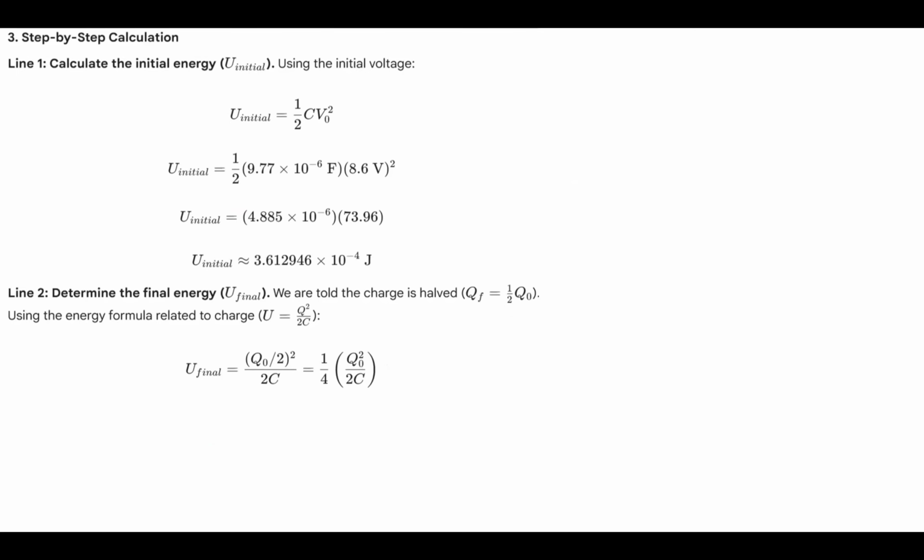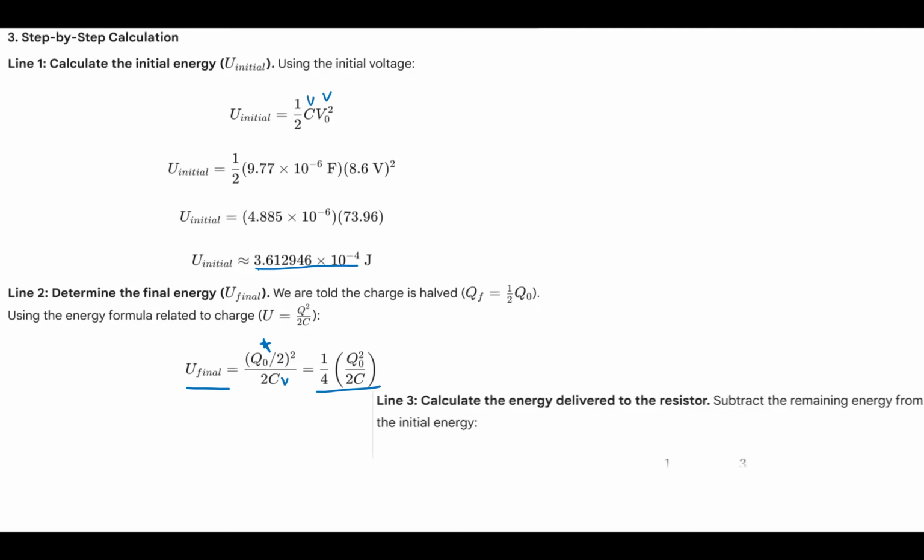So initially, we are given the capacitance and the V0. So that we have this one. And for the final state, in contrast, we are given the capacitance and charge. Okay, so we have this one.